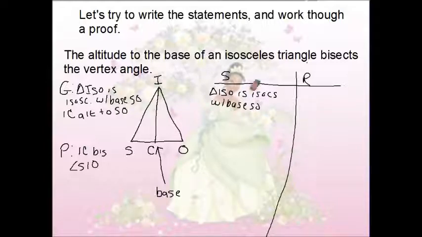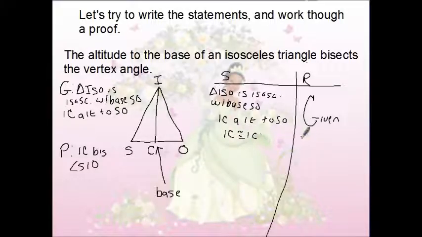And let's restate this. There we go. We also know that IC is an altitude to SO. Those are going to be my givens. Now, let's go ahead with that proof. We know that IC is congruent to IC. The reason, reflexive.